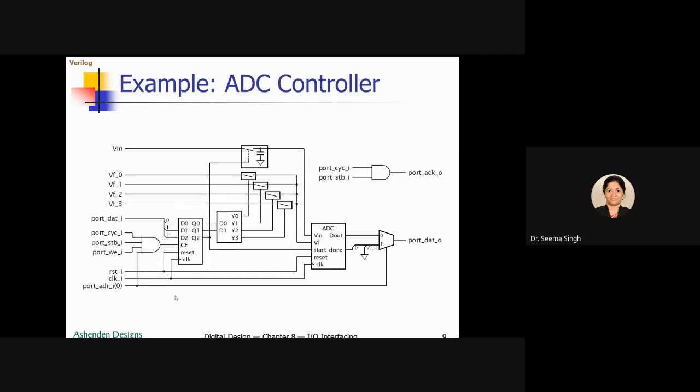So now, if you remember, we had the ADC. All that was there in the ADC comes into the block diagram of this. So all of you understand this very carefully. This is a little bit complex.